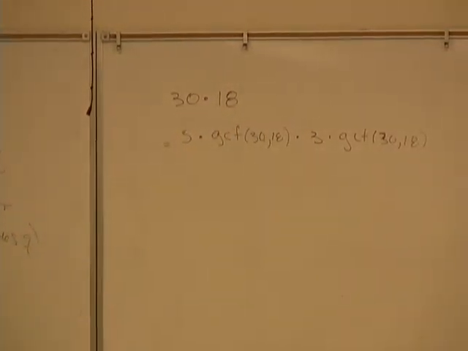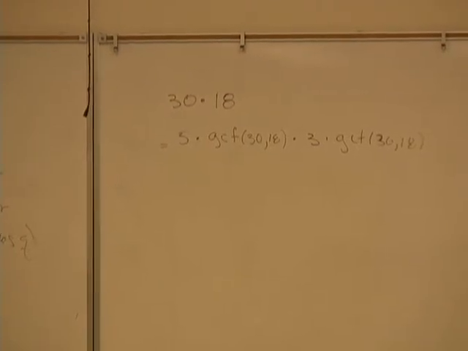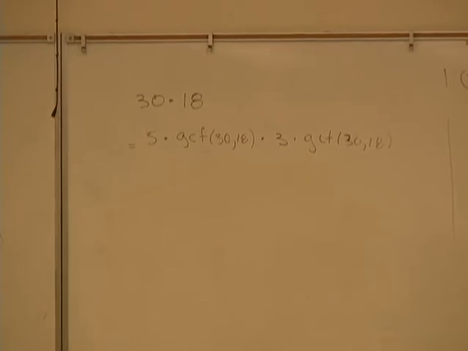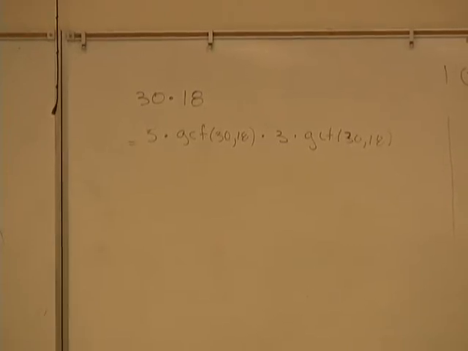Right? So if I take the product of these two, it can be written as 5 times the greatest common factor, that's 5 times 6, which is 30. And 18 is 3 times the greatest common factor, 3 times 6.